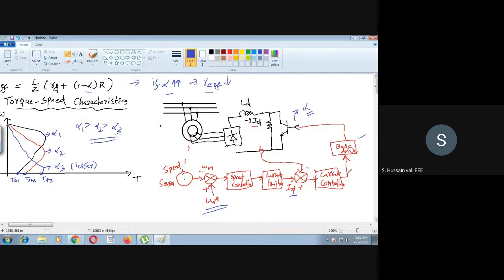The base drive. And how do you get the base drive? From the current controller. Then how do you get that? From the current command, which has a relationship with the speed. So this is the closed loop. This entire thing is closed loop control.